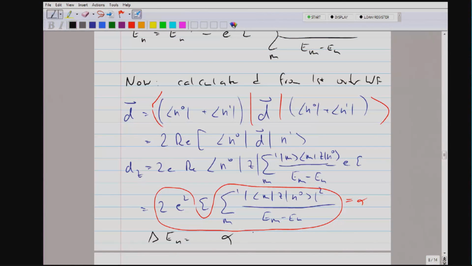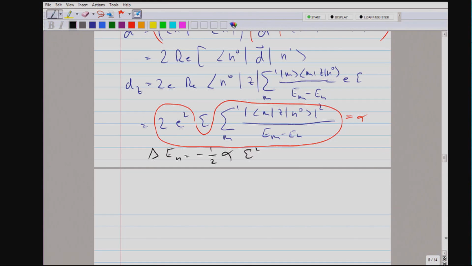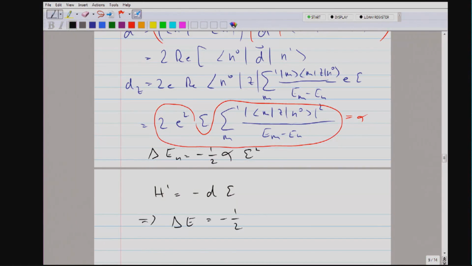It is 1/2 alpha epsilon squared. Since the perturbation operator, I'm just writing it down here, was dipole moment times electric field, that means that the energy shift is, and this is what we expected now, 1/2 times the expectation value of the dipole moment times the electric field.